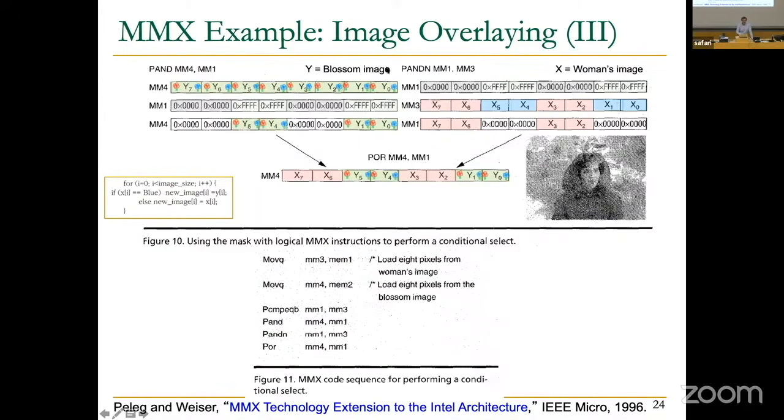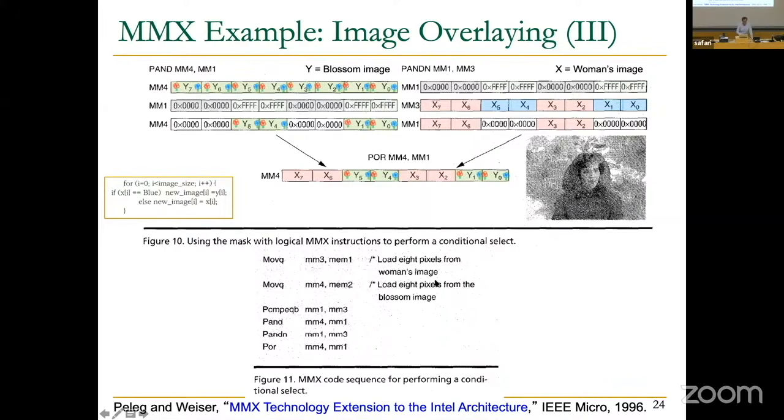And hopefully, because of the way we have constructed the program, in the final 8 pixels of the image, you have the blossom image in places that were blue in the original image, and you have the original image in places that were not blue. That's the idea, okay? You can do this with this instruction sequence.